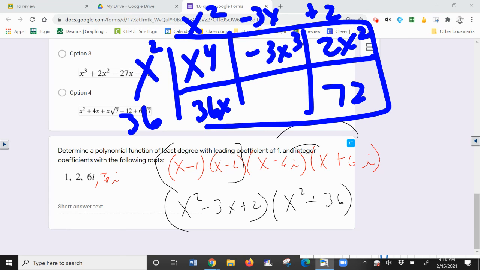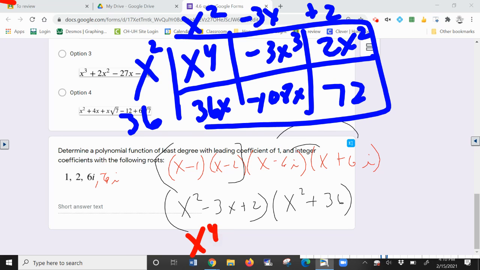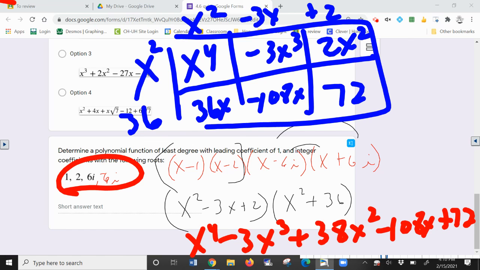This is -3x to the 3rd, and this is -108x. So the only like terms we have are the x squareds. So our answer is x to the fourth minus 3x to the third plus 38x squared minus 108x plus 72. That polynomial has these four answers.